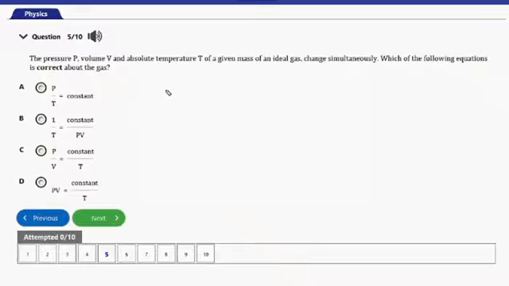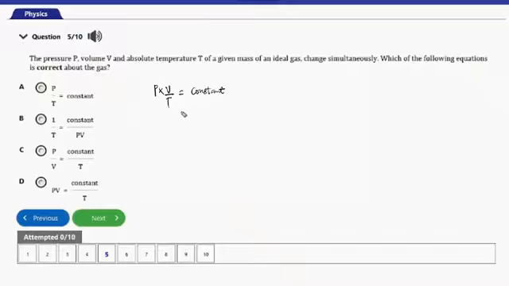So guys, for this, let's recall that the product of the pressure and the quotient of volume and temperature is constant for an ideal gas. So we have that P multiplied by V over T is equal to constant.